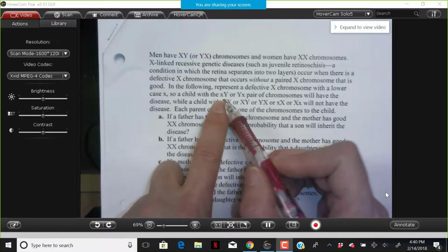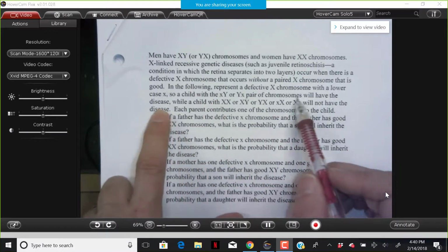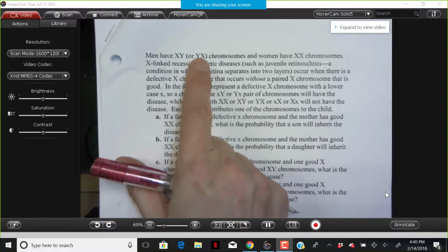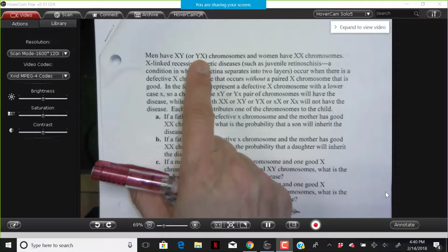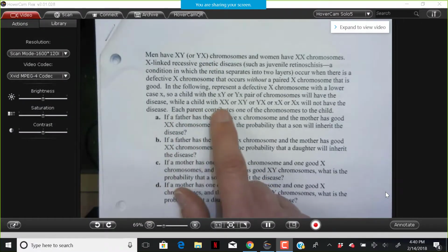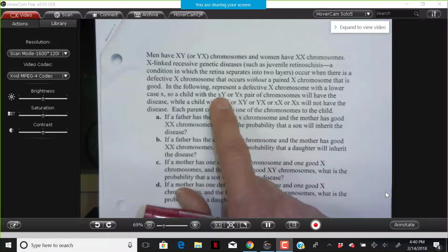A child with the XY or YX pair of chromosomes will have the disease because they don't have a good X to balance it out. And this trait is not carried at all on the Y chromosome, only on X's. So if it's a male and they have one bad X, they don't have a good X to balance it out.